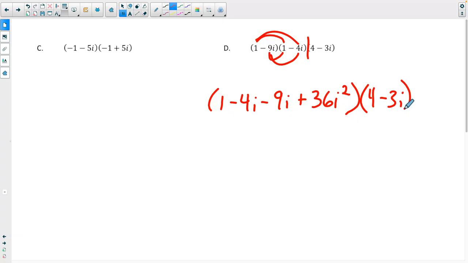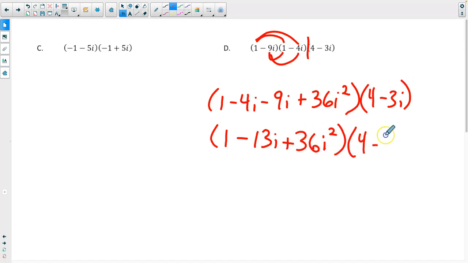But let's think about this. I can combine some like terms. I can start by combining -4i and -9i. So I'm going to have 1 minus 13i plus 36i squared. Now, I'm actually going to go one step further. Remind me, what is i squared? -1. So I'm actually going to change this.